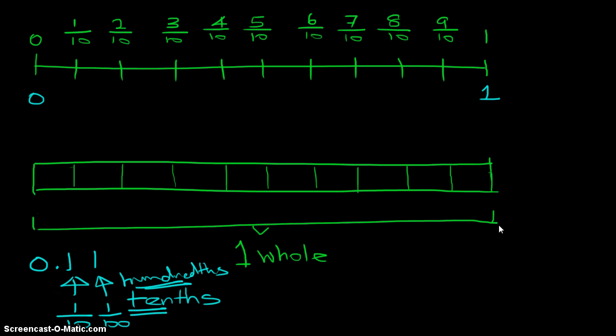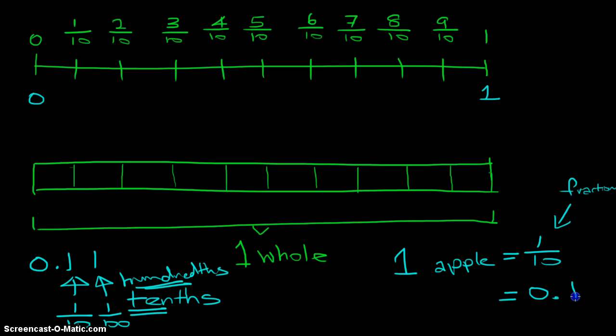Let's say I have one apple, and if I divide it into 10 pieces, it's the same as 1 divided by 10, which is a fraction form, or I can write it in decimal form, which is 0.1.